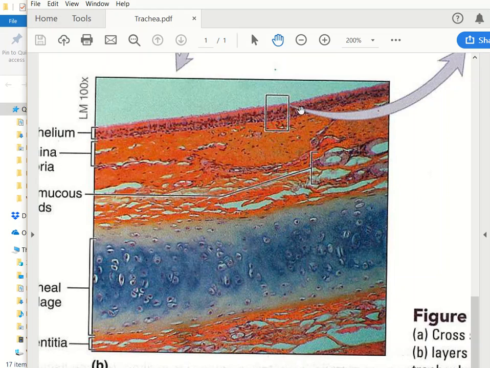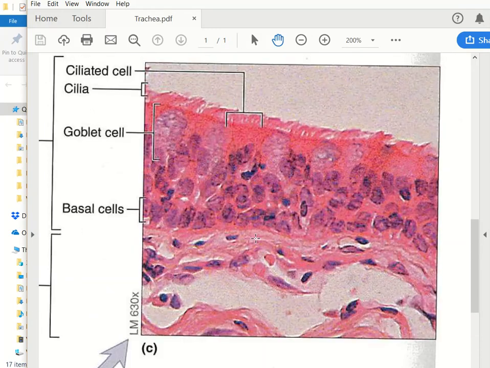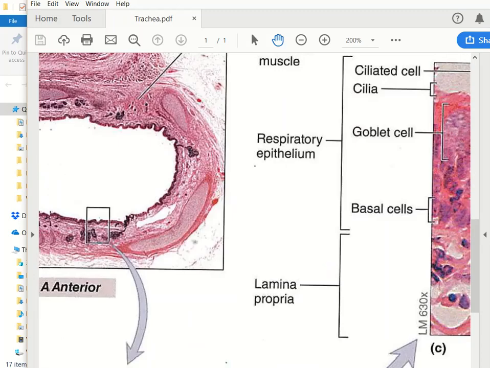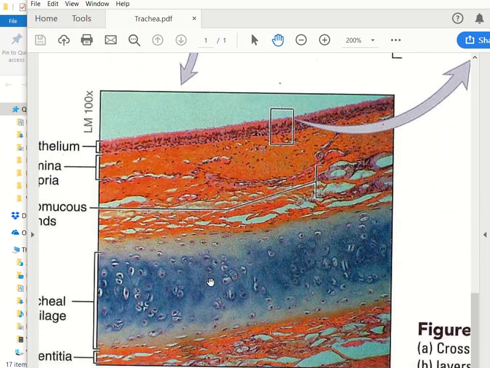Both of these are part of our mucosal layer, right? So this whole thing right here is like a close-up of our mucosa, the one that's closest to our lumen. There's our submucosa, and boom, there's that tracheal cartilage.